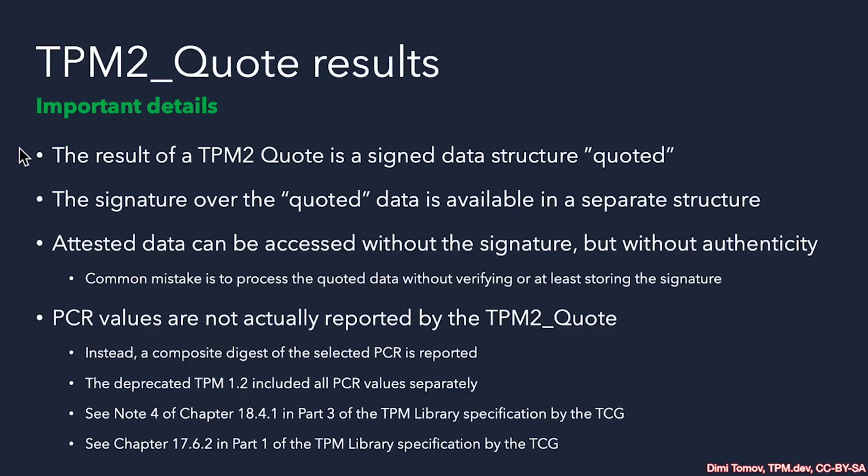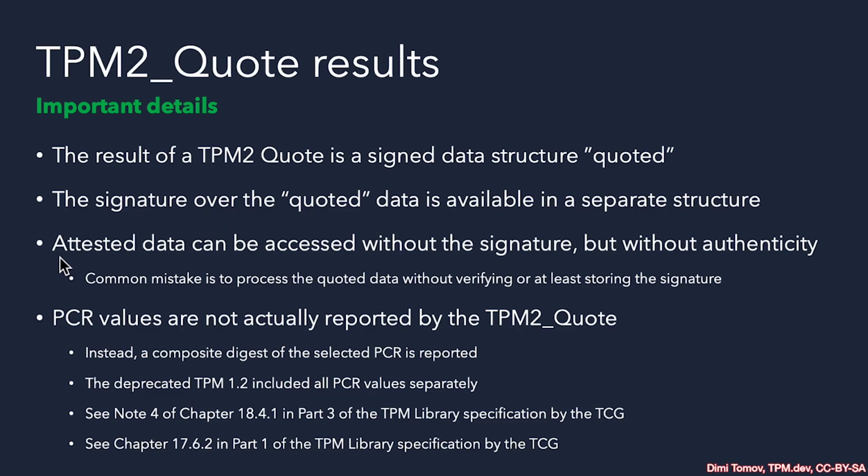This is an additional overview of the process that we just described: the evidence we receive from the TPM2_Quote command resides in the quoted structure, and the signature is actually over that original TPM2B buffer.